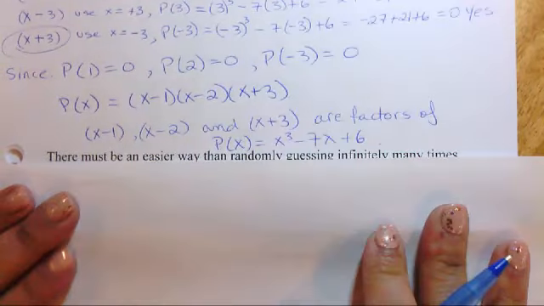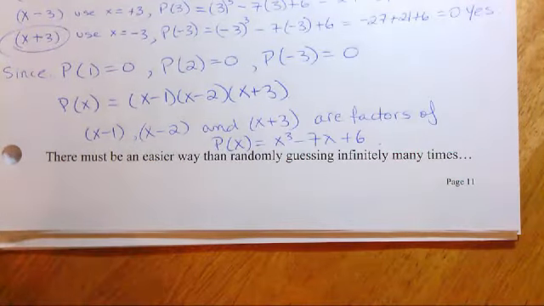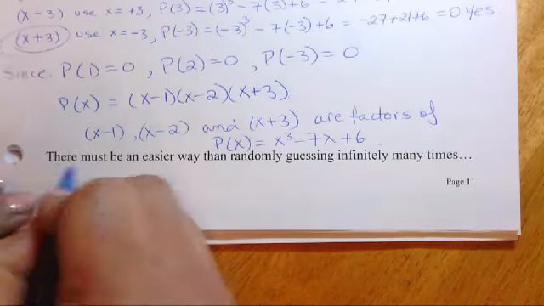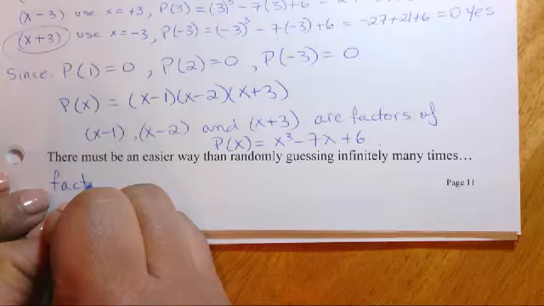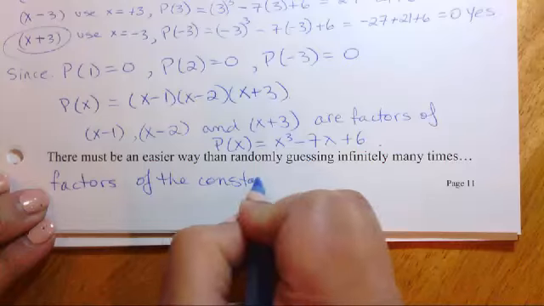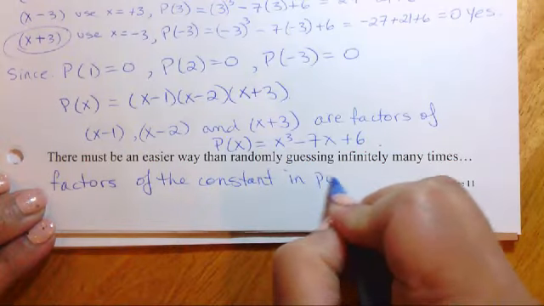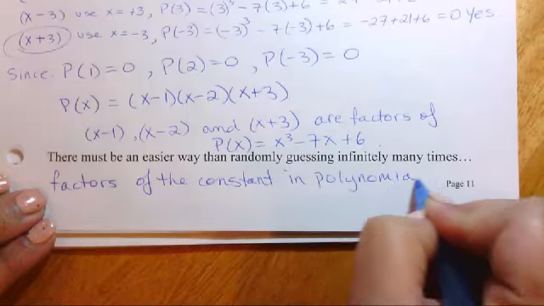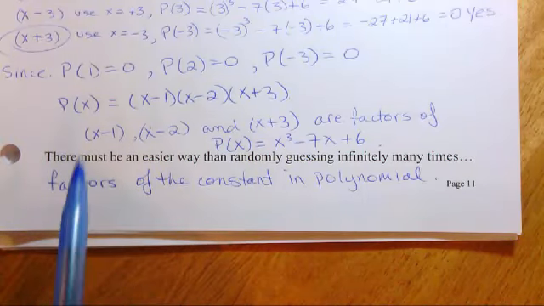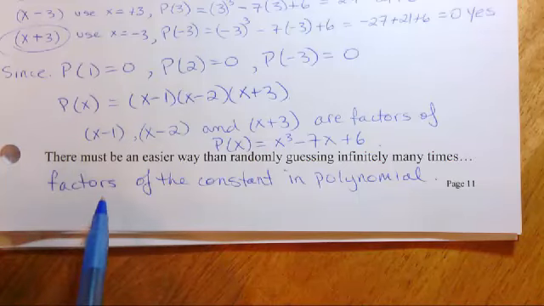All right, so just to clarify, just to reiterate what I said earlier, what we want to do is use the constant, and take the factors of the constant in the polynomial, to decide what numbers we're going to use to plug in to see whether or not there is a remainder or there is no remainder, which means that it's a factor.